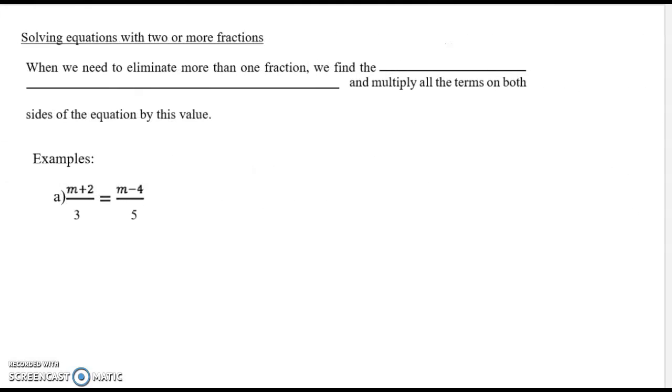Next, solving equations with 2 or more fractions. When we need to eliminate more than one fraction, we have to find the lowest common denominator.